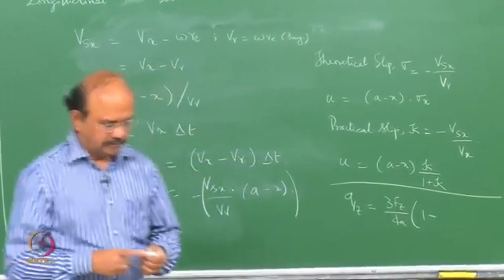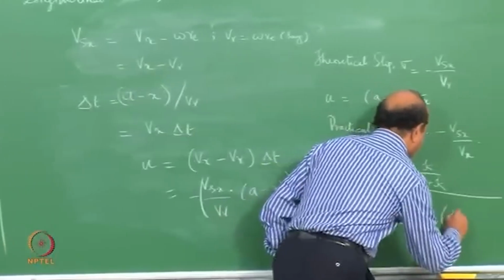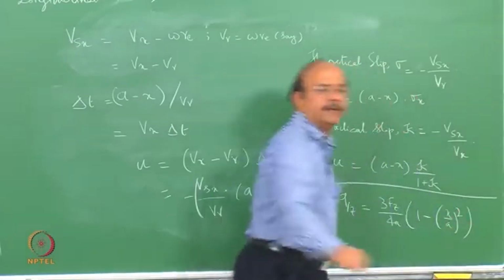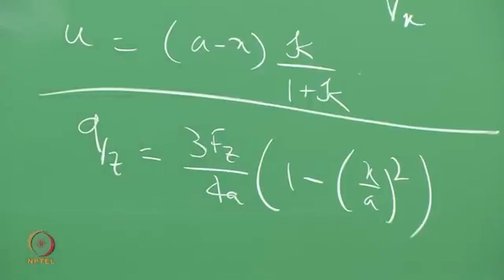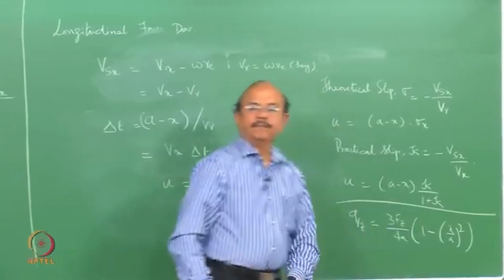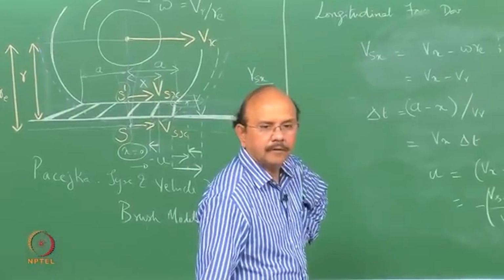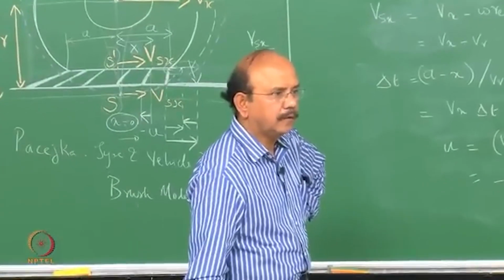You can take a guess. x by A whole squared. So that when x is equal to A or minus A, the term in the bracket goes to 0, and so Qz goes to 0. So it's maximum when x is equal to 0.